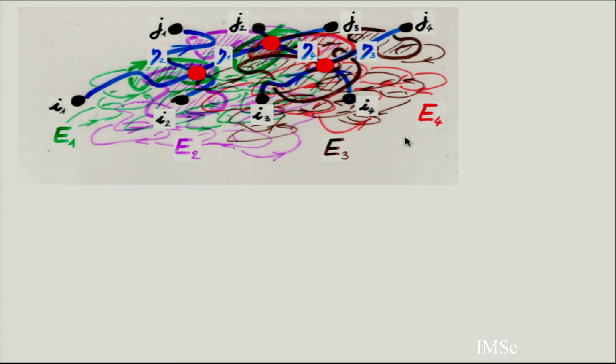All the cycles are going to collide. It's just a Cartesian product of each heap, each path. I have to put all this together. So you see, each heap corresponds to one of the blue paths. Here I have 4 heaps of different colors. Each heap corresponds to one of these blue paths on the top, but I don't know how to put them together. That's a big problem.